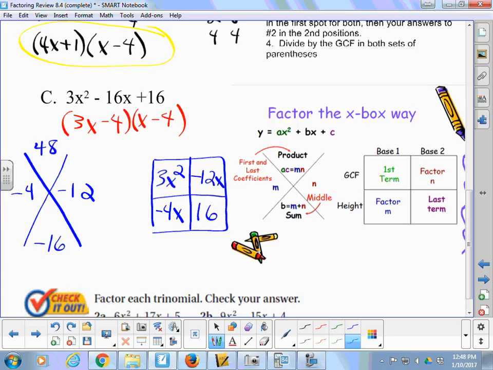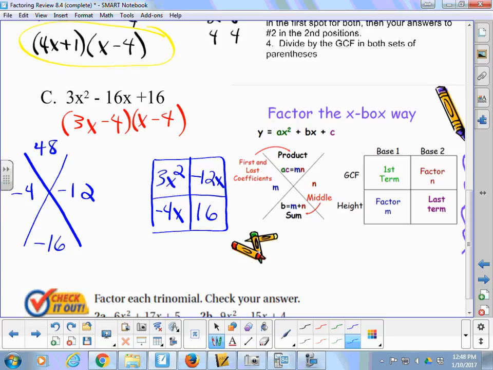Now all we do is greatest common factor. So we did the 48, got negative 16. Here's our b, factors of 48 to add up to that. Put them here. Now we just do the greatest common factor. 3x squared, negative 12x.